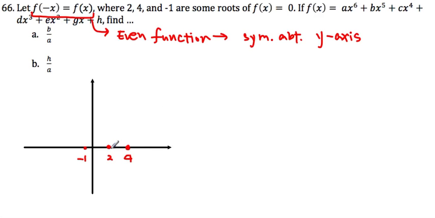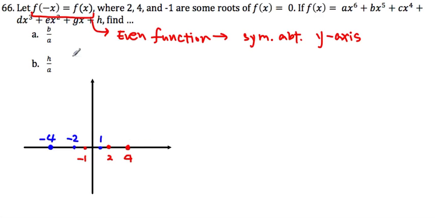Then what we end up getting is 2 by the even function. Then we get to realize that negative 2 will be the other root. Given that 4 is one root, that means negative 4 is the other root. The fact that we have negative 1, that means 1 will be its corresponding root. So here it goes there. That's how we could have 6 of them.